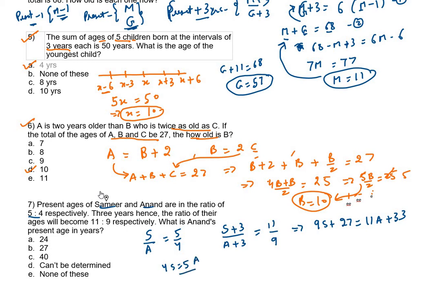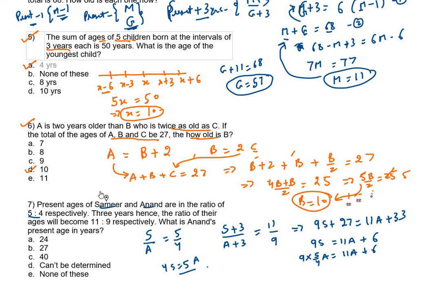Let's further simplify it. 9S equal to 11A plus 33 minus 27, which is 6. So from here we can put the value of S over here. 9 into S is 5 by 4 A. 5 by 4 A equal to 11A plus 6.